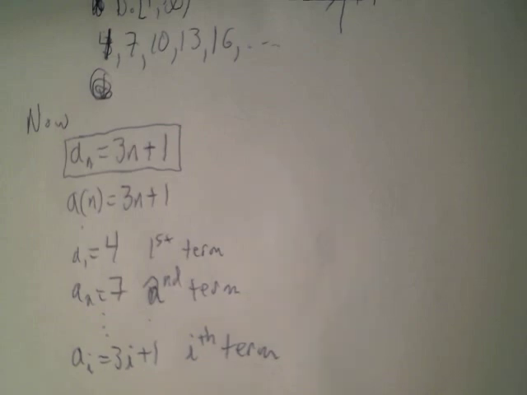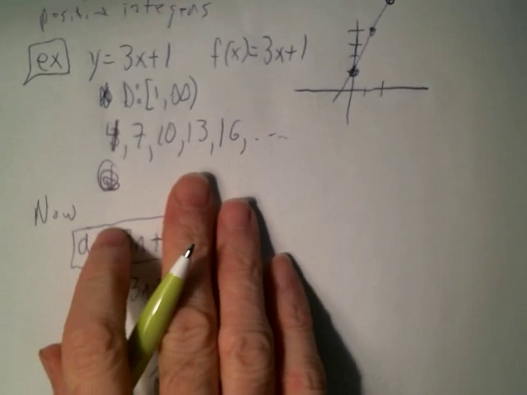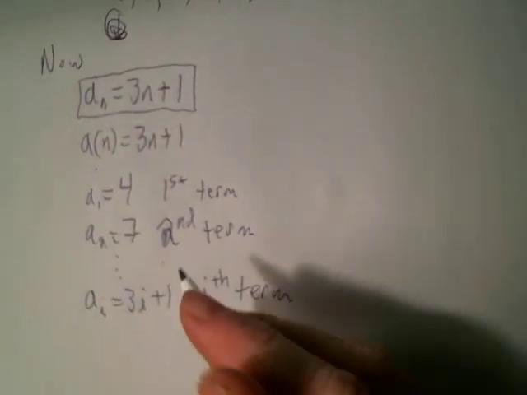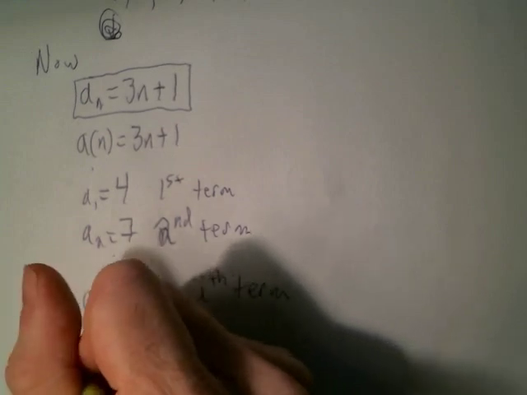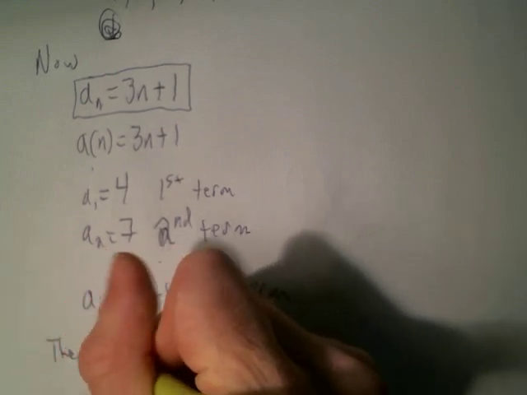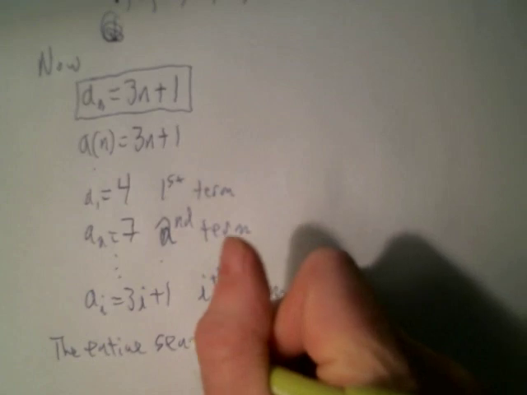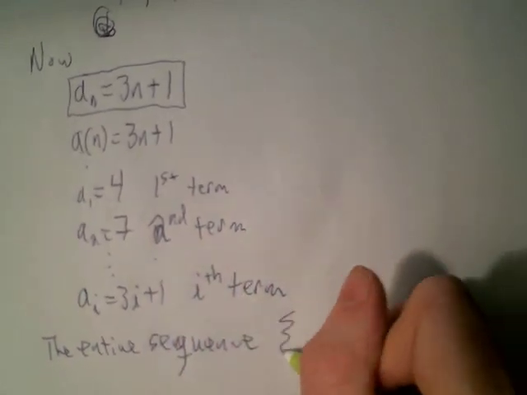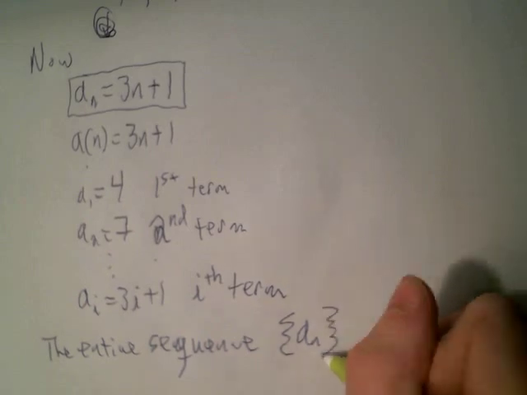To talk about the entire sequence, we'll use these curly brackets. So the entire sequence will be designated curly bracket a sub n.